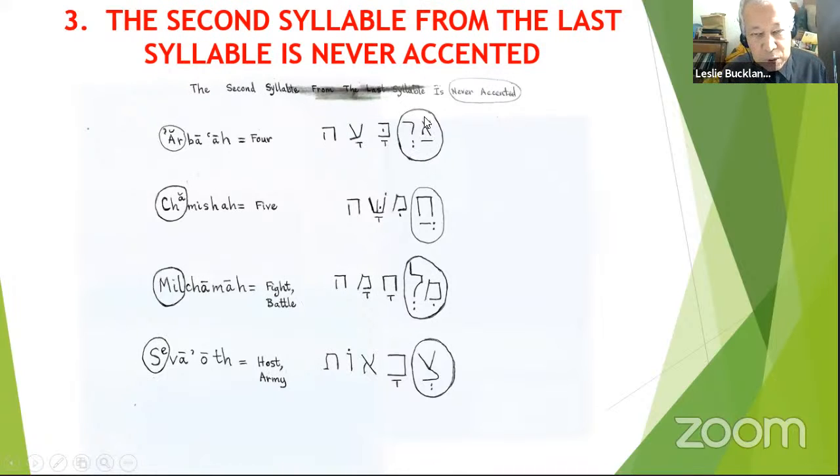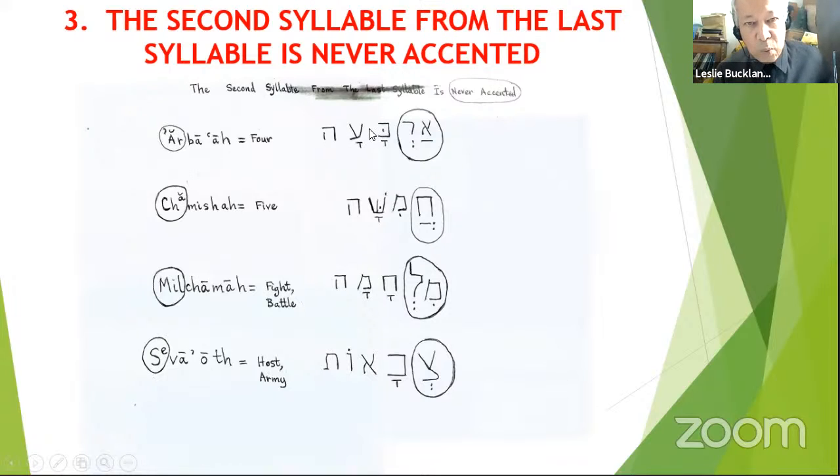So this syllable which I've circled is the second syllable away from the last syllable, which cannot get an accent according to the Hebrew grammar. The second syllable from the last syllable is never accented. The circle represents never accented.